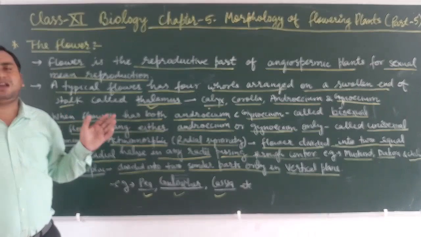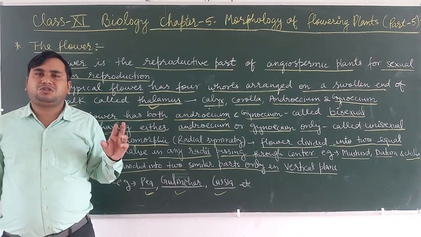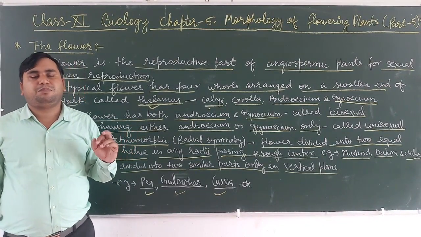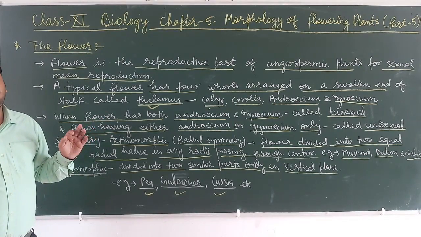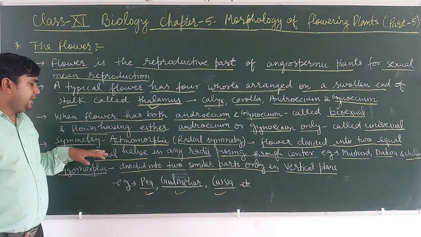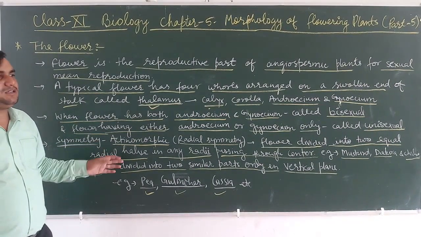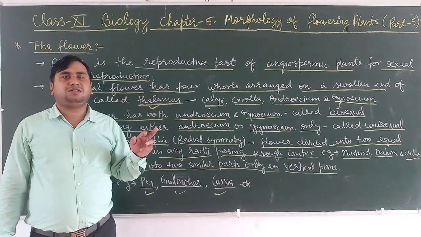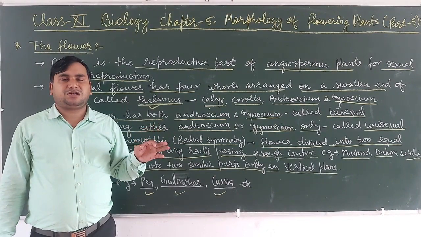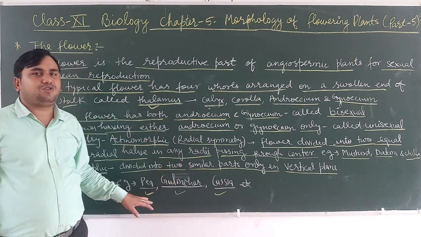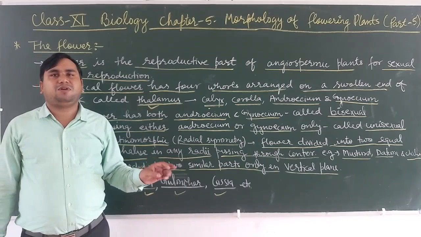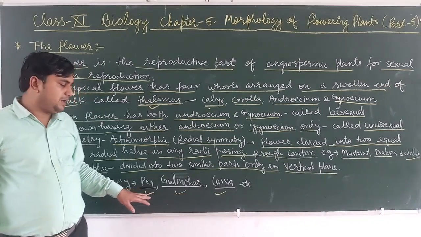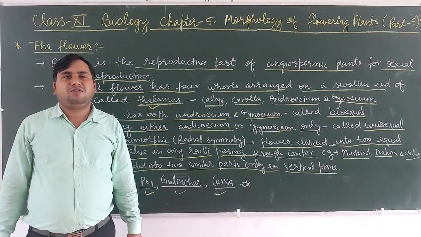When androecium and gynoecium are present together, the flower is bisexual; when found separately, it is unisexual. Symmetry is actinomorphic, as in mustard, datura, and chili, or zygomorphic, as in gulmohar, cassia, and pea. This is the introduction to the flower.